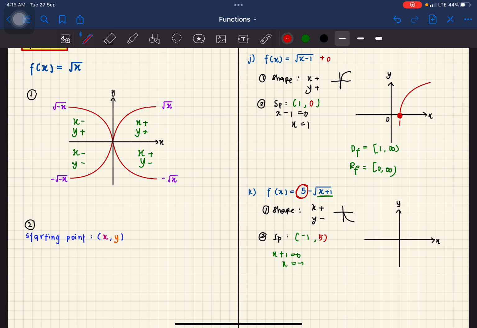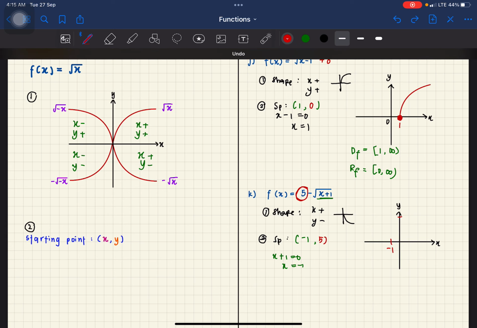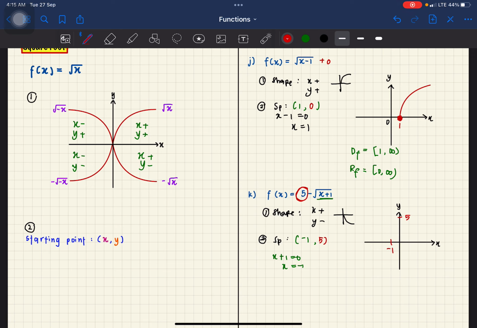Okay, so starting point kita is dekat negative 1, 5. So negative 1, 5. This is negative 1. 5 is maybe somewhere up here. Okay, so negative 1, 5 maksudnya dia start dekat sini. Buat warna. Okay, and then graph awak tu dia mesti follow this shape.